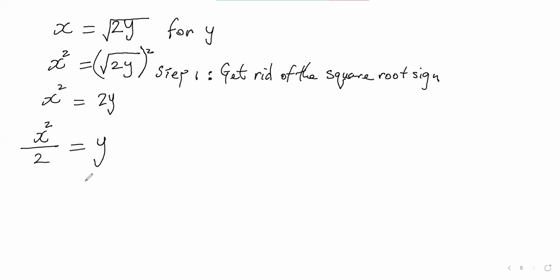Let's do one more. Now, please note, I'm writing this in red. That's now x squared is equal to the square root of 2y, squared.